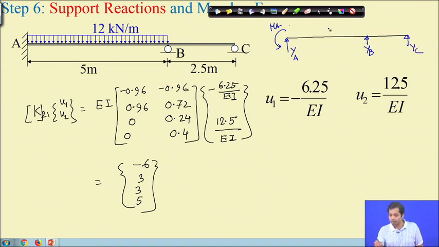Okay. We need to calculate these reactions now, but remember that when we implement it, the degrees of freedom or associated forces are not represented as MA, YA, they are represented through some numbers, right.